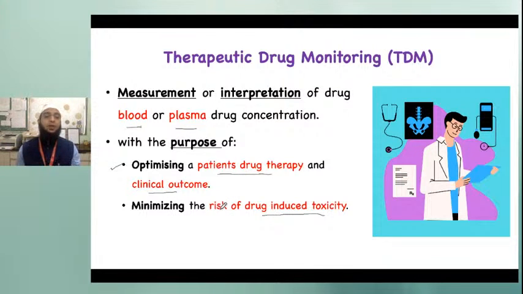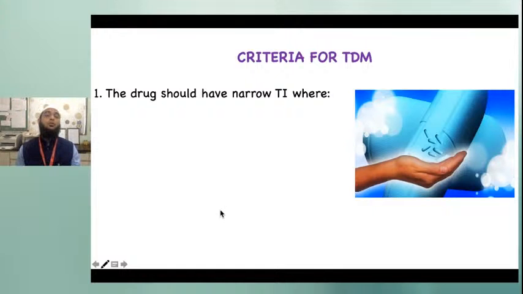Now we'll see what are the criteria and indications of therapeutic drug monitoring. First, try to understand the difference between the criteria and the indication. You must remember, whenever we are talking with reference to the drug, that is called the criteria of therapeutic drug monitoring.